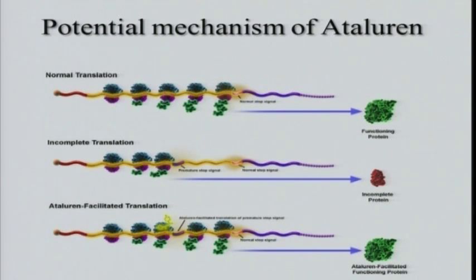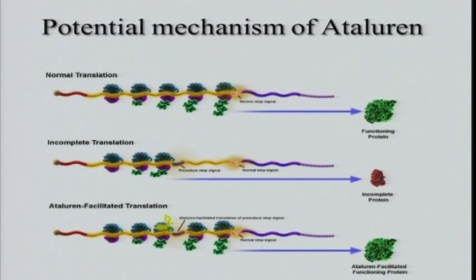And the idea is here. This is normal translation, and you've got the normal stop codon and the normal stop signal here. But if you've got incomplete translation, because you've got a premature stop codon, you're not really completing translation, and so you've now got a much shorter truncated protein. But now if I provided a small molecule which would allow this read-through and allow it to go to the correct stop codon, we can really have another treatment.